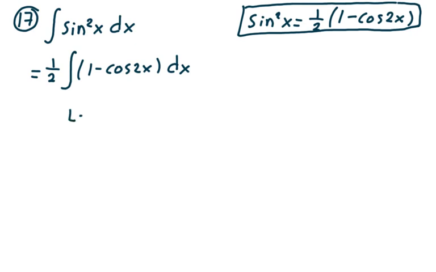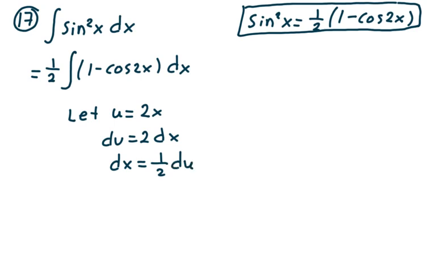And I'm going to let u equal 2x. du is 2 dx. So if I solve for dx, I get 1/2 du. So this is 1/2 times 1/2 the integral of 1 minus cosine of u du.